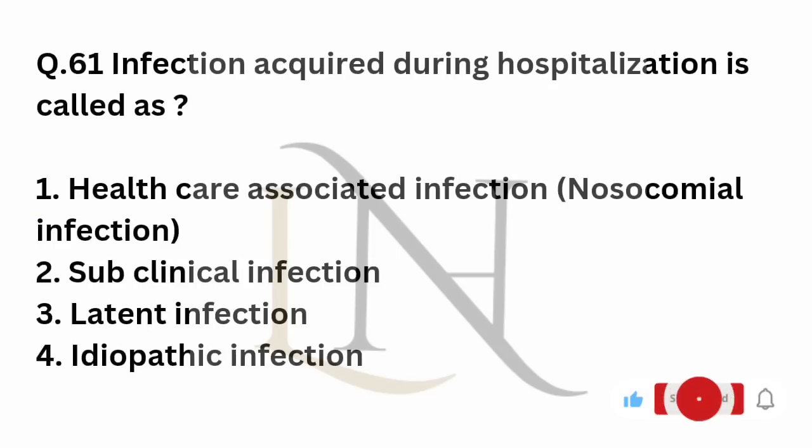Infection acquired during hospitalization is called as option 1, healthcare associated infection, we also call it nosocomial infection. Option 2, subclinical infection. Option 3, latent infection. Option 4, idiopathic infection.